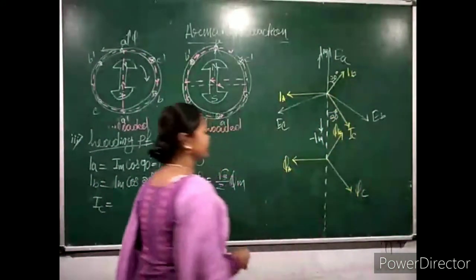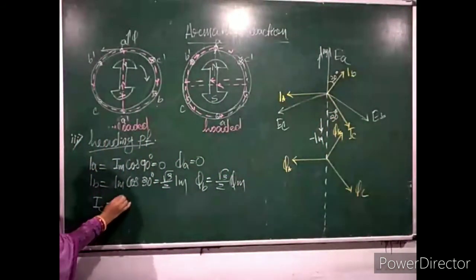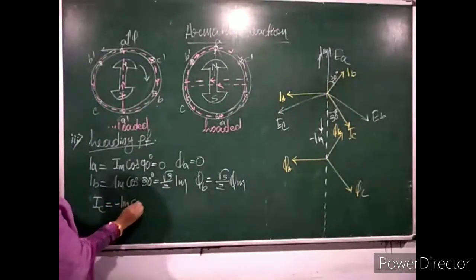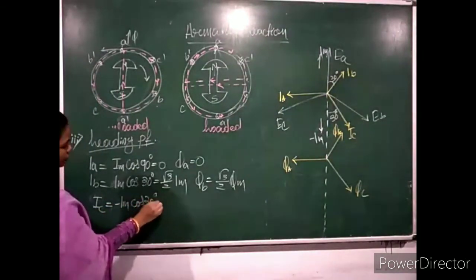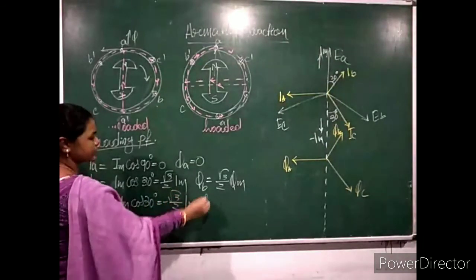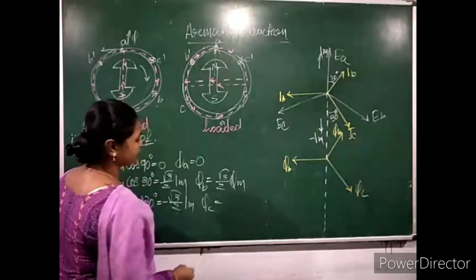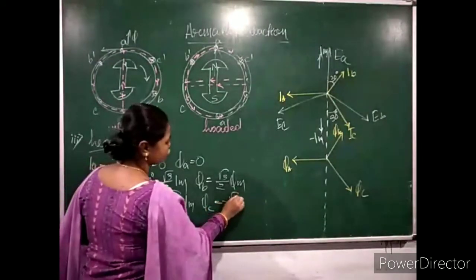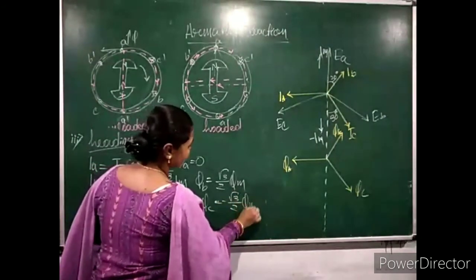This is 30 degree. So it is minus Im cos 30 degree, whose value is minus √3/2 Im. Hence the value of phi C, which is produced by the phase C current, is minus √3/2 phi M.